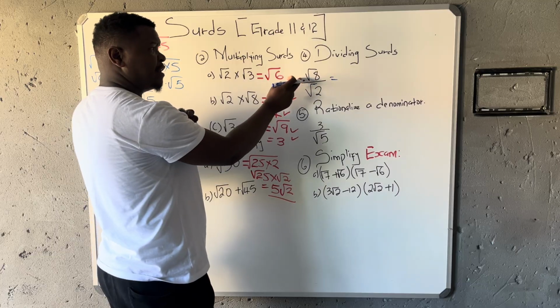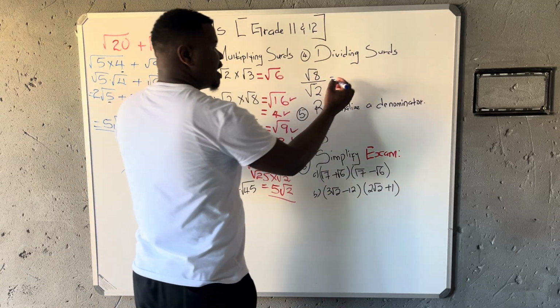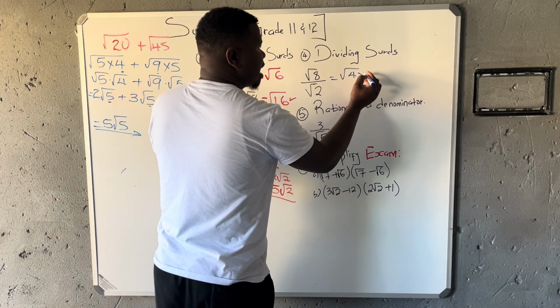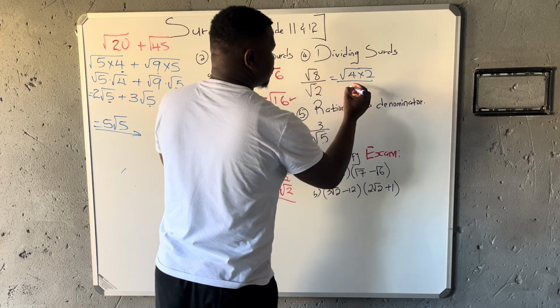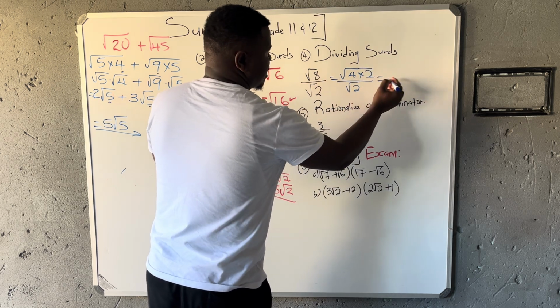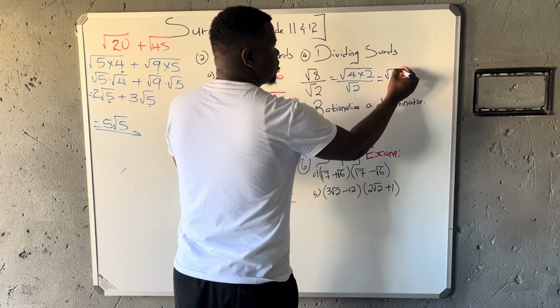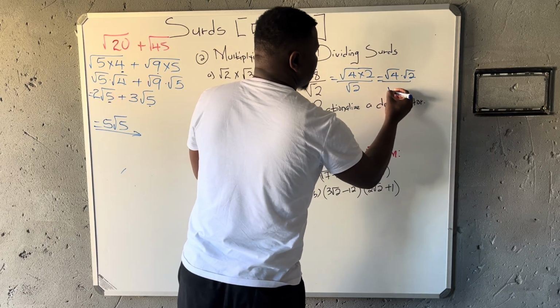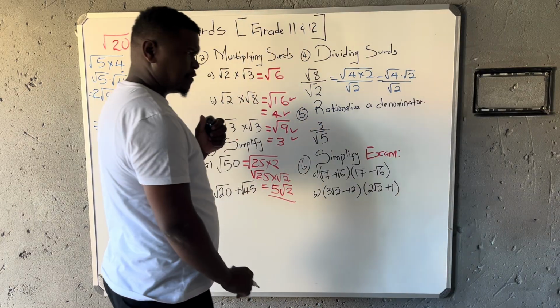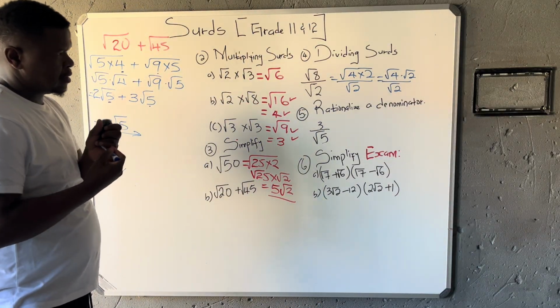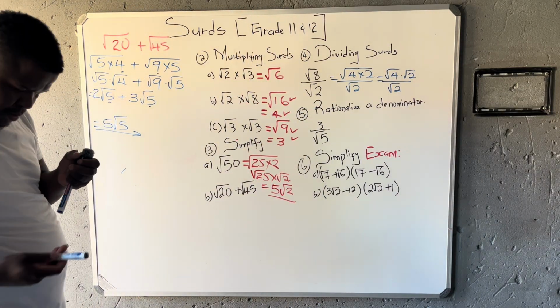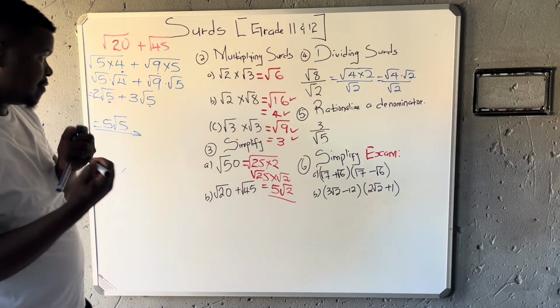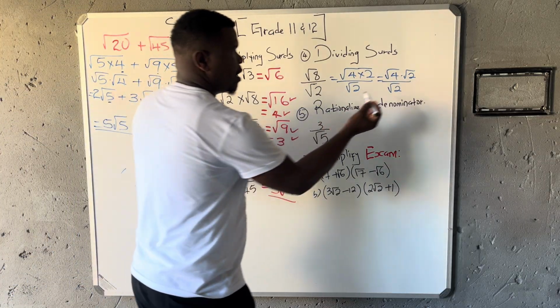What are factors of 8 where one of them is a perfect square? 8 is made of 4 times 2 over square root of 2. Therefore, we split. It's going to be square root of 4 times square root of 2 over square root of 2. If you check, I notice that we have the same.